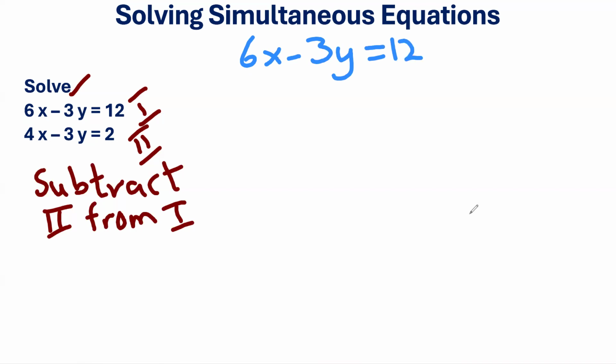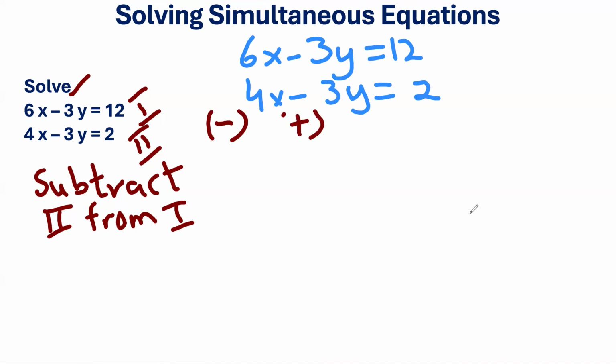Equation 2, 4x minus 3y equals 2. Now we have to change the sign of equation number 2. This plus will become minus. This minus will become plus. And this plus, when no sign is there, obviously plus is there, will become minus. We are subtracting 2 from 1.